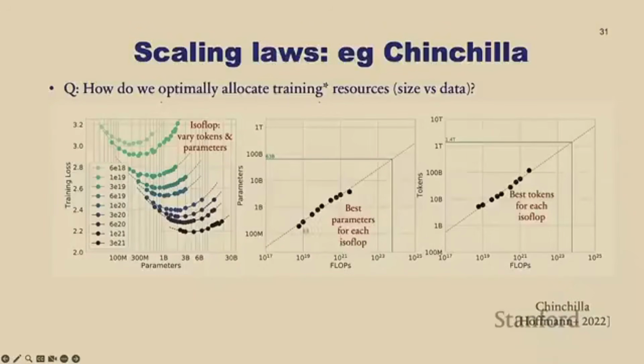So now I have something which tells me that if I want to train a model with 10 to the power 23 flops, here's exactly the number of parameters I should be using: 100B. And you can do the same thing with flops and tokens. So now you can predict, if I have 1 month of compute, what size of model should I be training? Fit your scaling law, and it tells you.